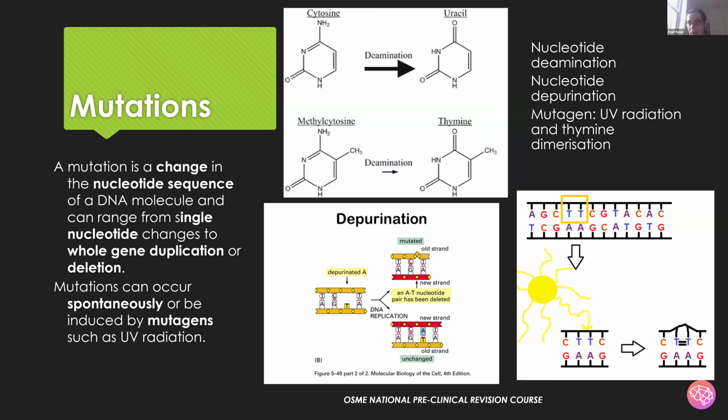We do have some repair mechanisms, but they're not always effective. And if you have an inherited condition where these repair mechanisms are faulty, then it really increases your likelihood to get mutations from UV light. So one of these conditions is called xeroderma pigmentosum. And again, don't worry, this is all in the speaker's notes.